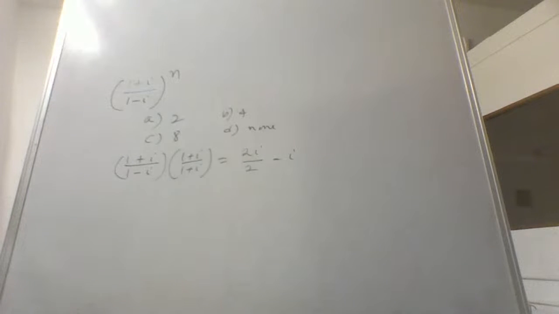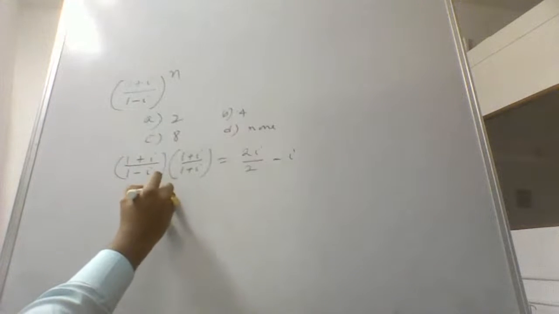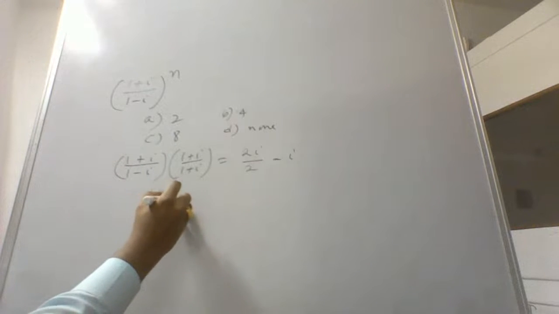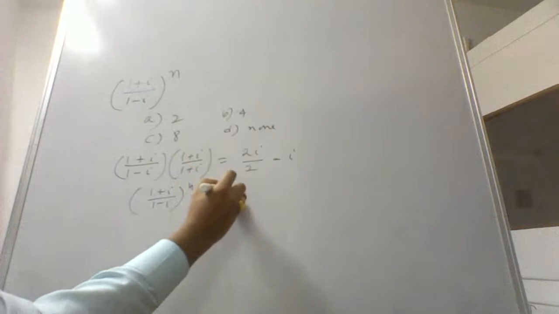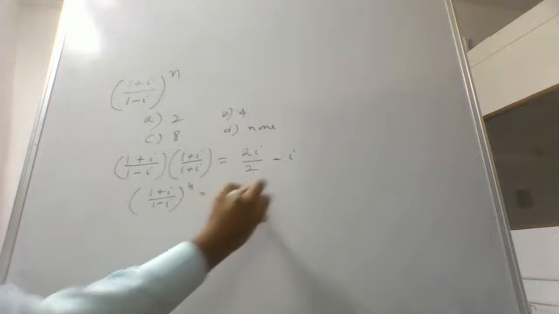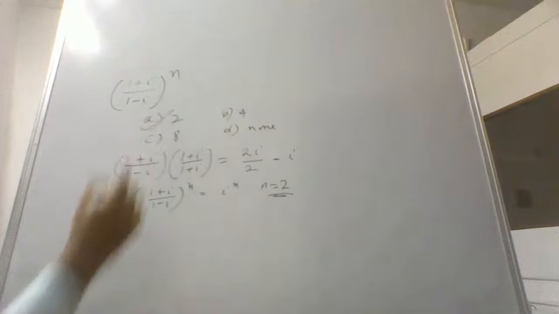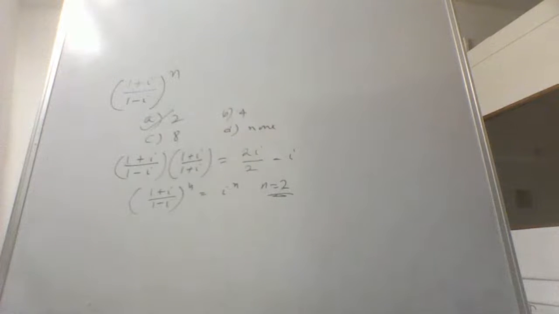Now let us put this, (1 plus i) by (1 minus i) to the power of n, which is i power n. So n is equal to 2 is the least positive integer here. I hope you understood this. Let us move on to the next problem here.